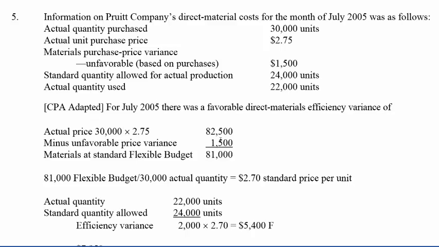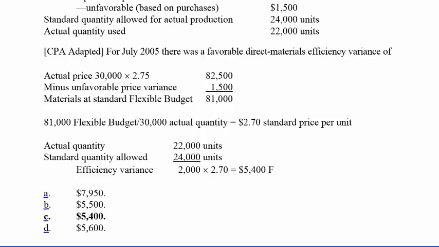So we can then take the 81,000 here and divide that by the actual quantity of 30,000 and calculate that our standard price was actually $2.70 instead of $2.75. Now they're wanting us to calculate what is our efficiency variance, all right, which is the other side of that flexible budget variance number.